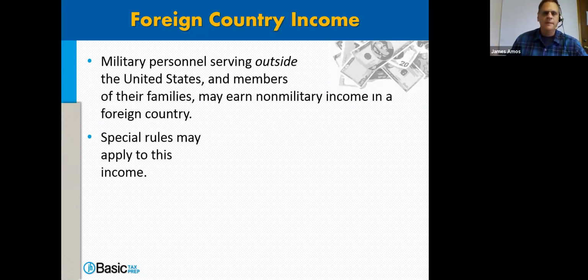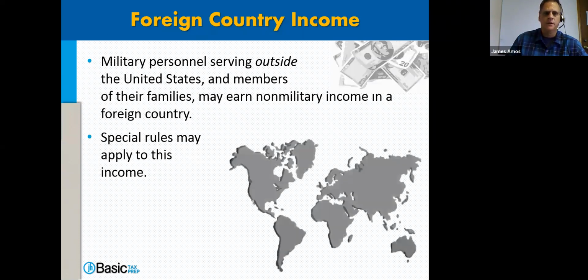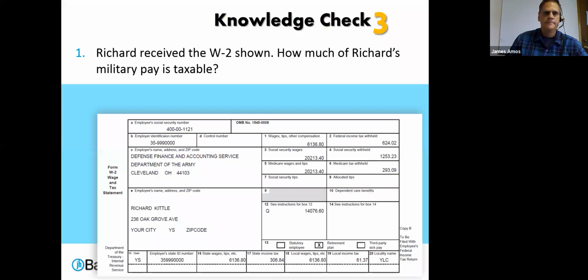And when they worked off base, they're earning foreign income. And in some situations, special rules apply to this income. We'll deal with those later. I just want you to be aware that military people can earn foreign income, and there may be special rules that apply because they're military. Okay? All right.